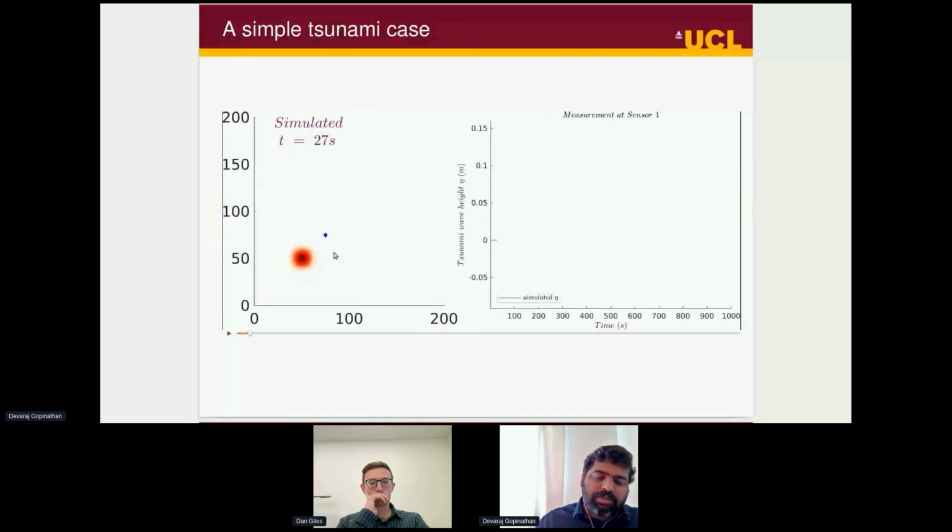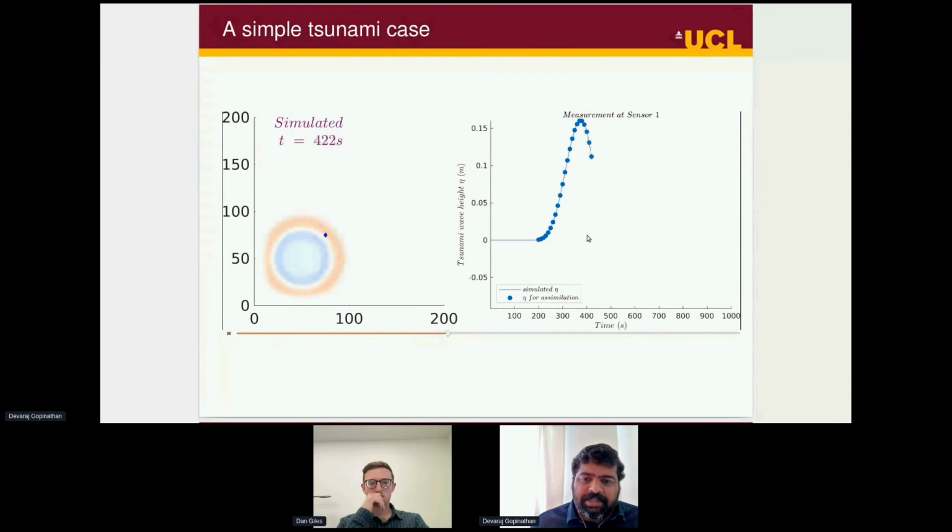There are sensors also near to the coast so that we can know when the tsunami is coming. As the tsunami propagates, the swell has fallen into the sea and the waves are being generated. And on the right, you see what is the wave that the sensor picks up. So this is the model that we will use to compare and to do the data assimilation. So you have a peak and you have a swell, and after some time, the value at the sensor reduces.